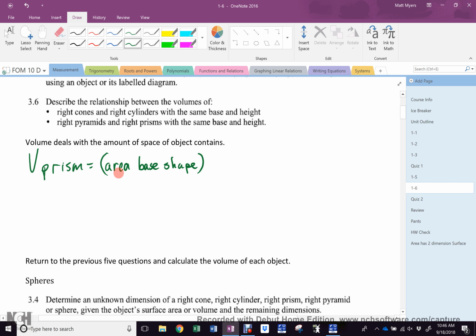One piece of paper multiplied by what? Multiplied by how many times I repeat it, which is the height. Does everybody understand? Is everybody with me?